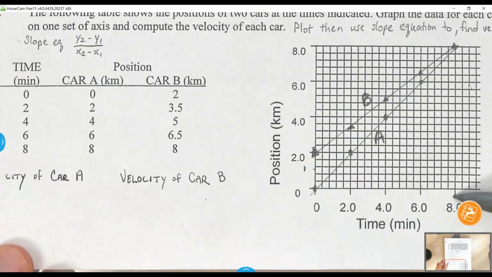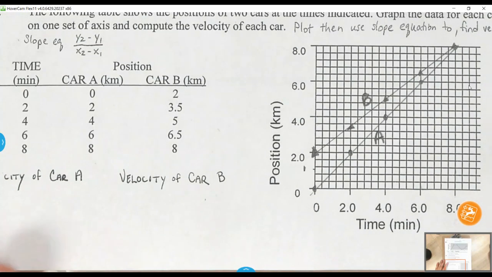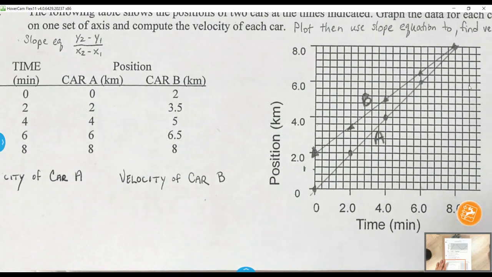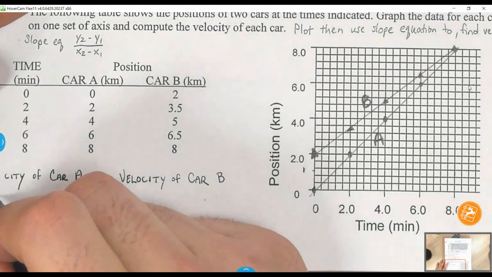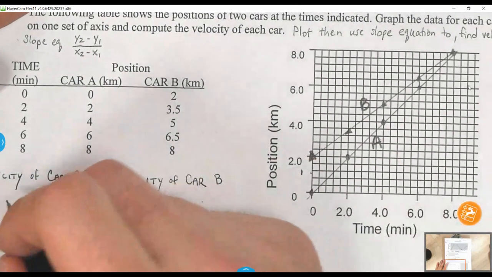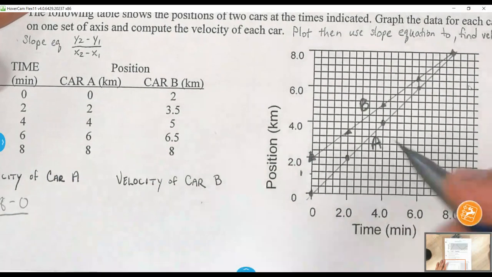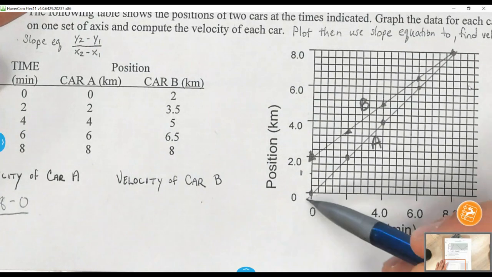So I could do my final position minus the initial position for A. Final position would be at 8 kilometers, initial would be at 0, and the time frame would be 8 minutes.